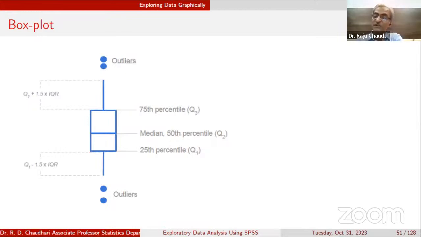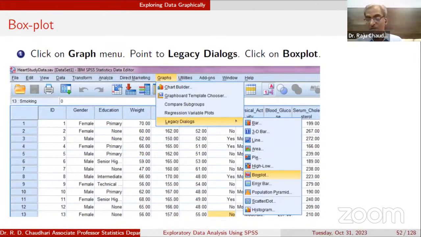If the curve has a longer tail toward the left-hand side, it is negatively skewed. But if there is no skewness, the data is exactly a bell-shaped symmetric curve, right? So if it is symmetric, then these two rectangles are exactly identical. If the data is not symmetric, this middle line moves either downward or upward. So this is how we can understand the box plot, right?